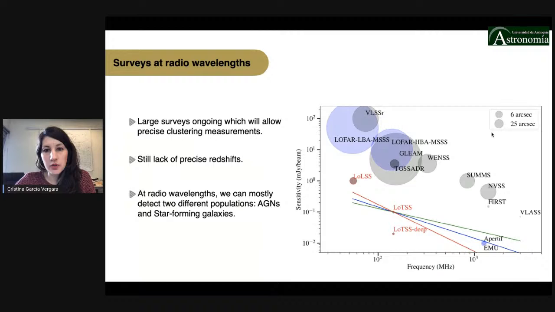For example, some surveys with 25 arc seconds of resolution maybe are not adequate to perform clustering measurements. And we are also interested in sensitivity, because the deeper we go, the more sources we can detect, specifically more faint sources. And we can also go to higher redshifts.